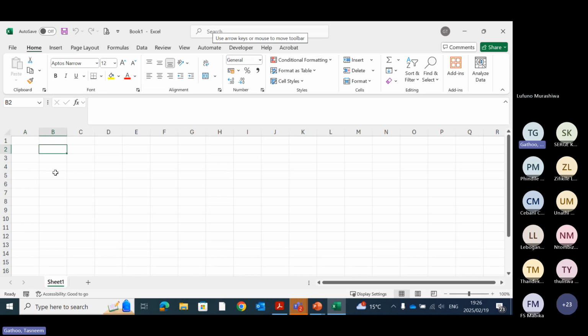So remember the start of, can you see my Excel? Yes. Okay. So the start of the year of assessment is the 1st of March 2024, right?